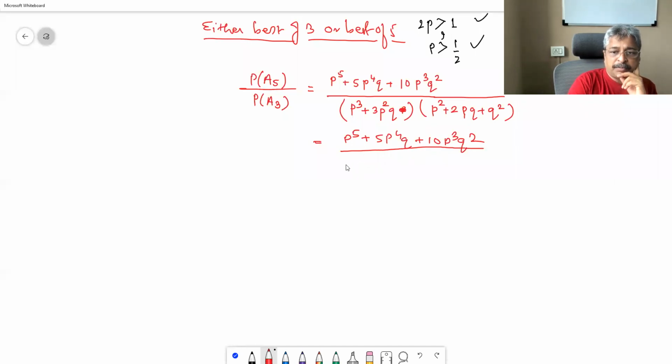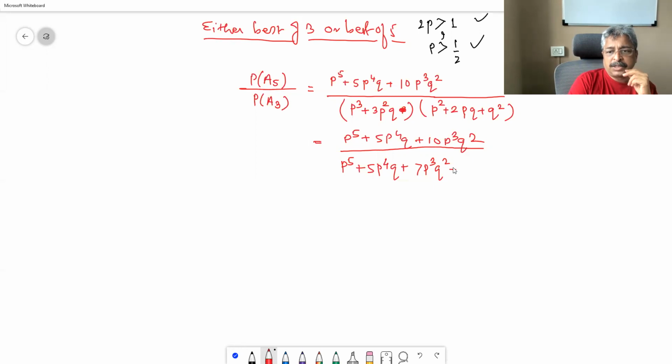let us multiply P fifth, then 2P fourth Q plus 3P fourth Q, that is 5P fourth Q, plus P cube Q square 1 and 6 P cube Q square, 6 and 1 is 7 P cube Q square.